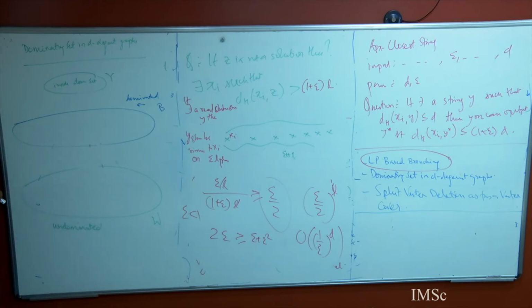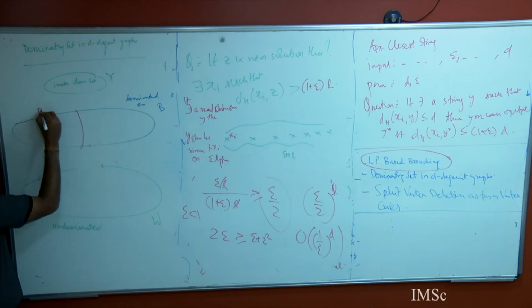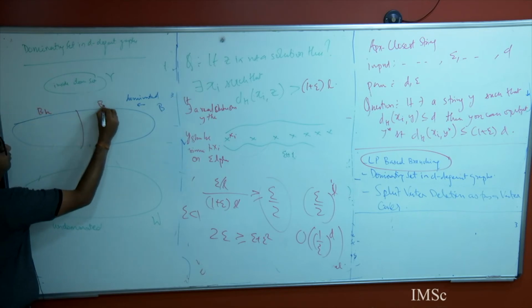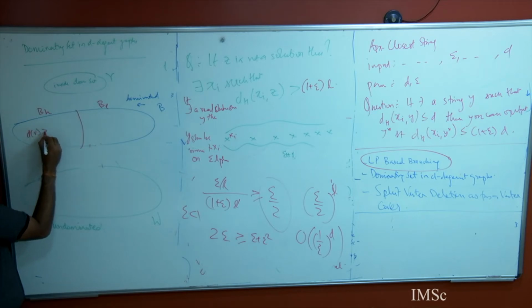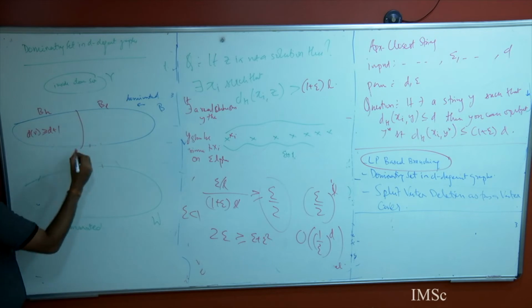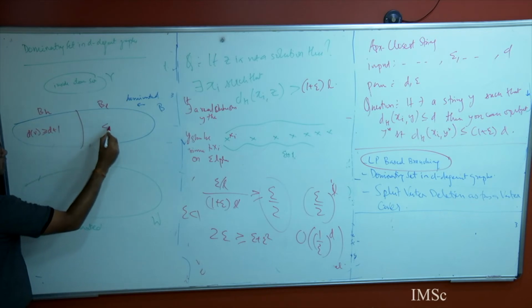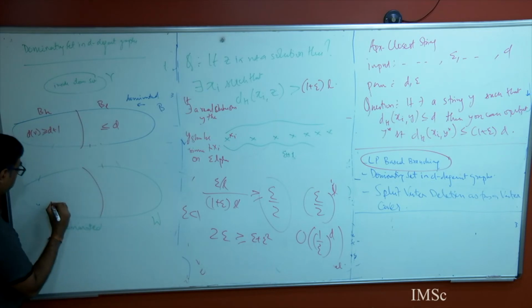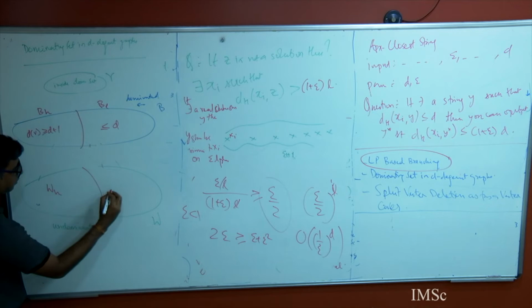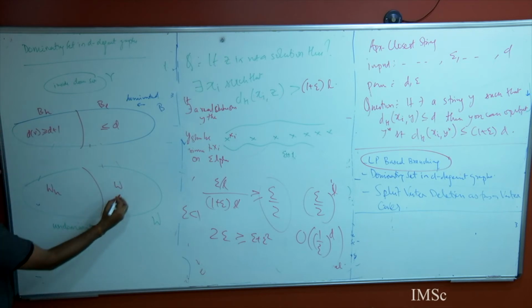I partition this vertex set into B high and B low. And what is its degree? D plus 1 less than or equal to D. And what is W high?